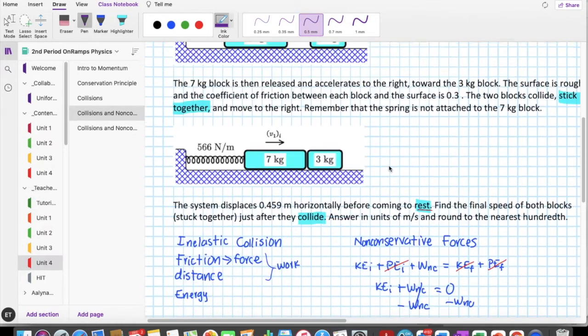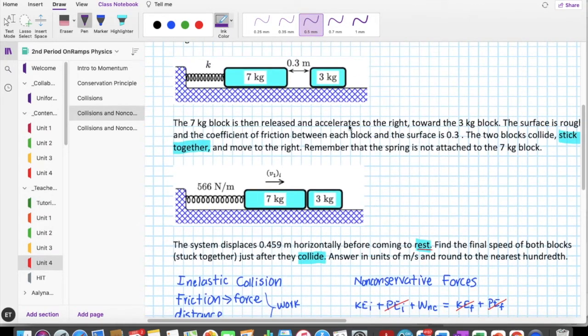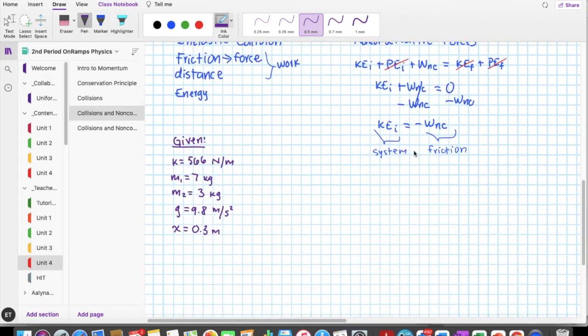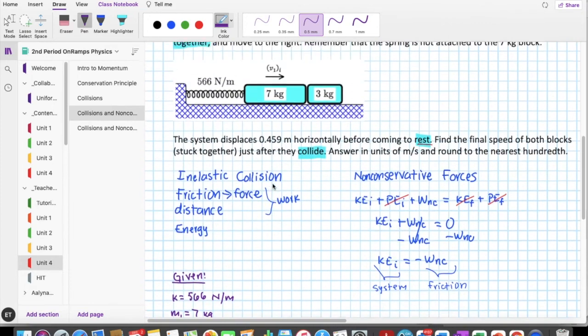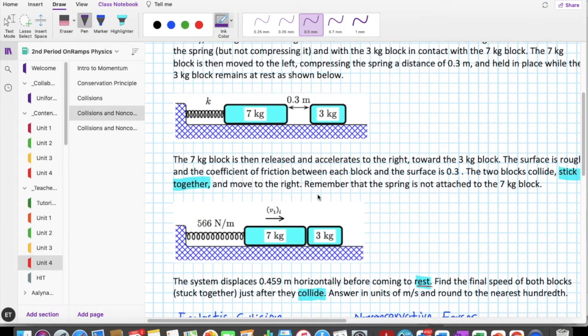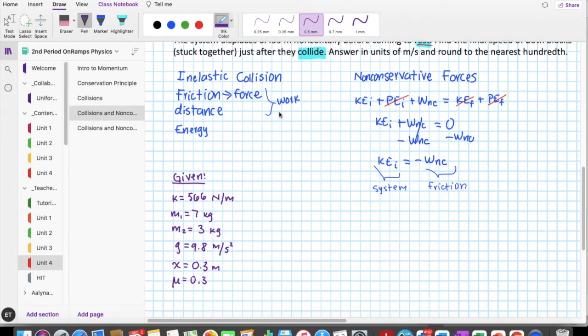And then we have a coefficient of friction. So it's the Greek letter mu, 0.3, just 0.3, right? No units because it is a coefficient. And then we have a displacement.